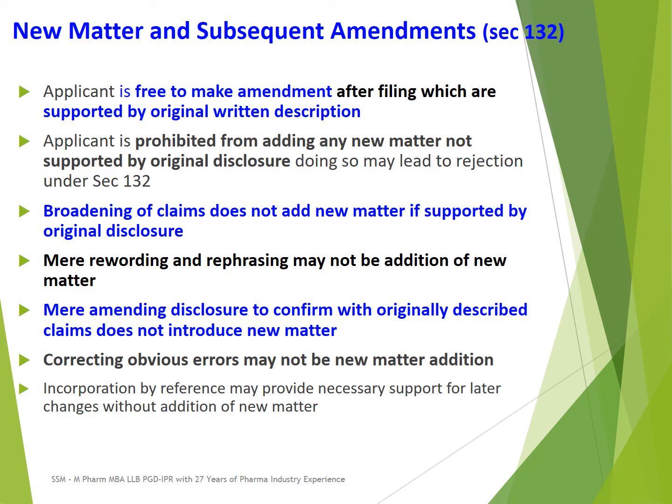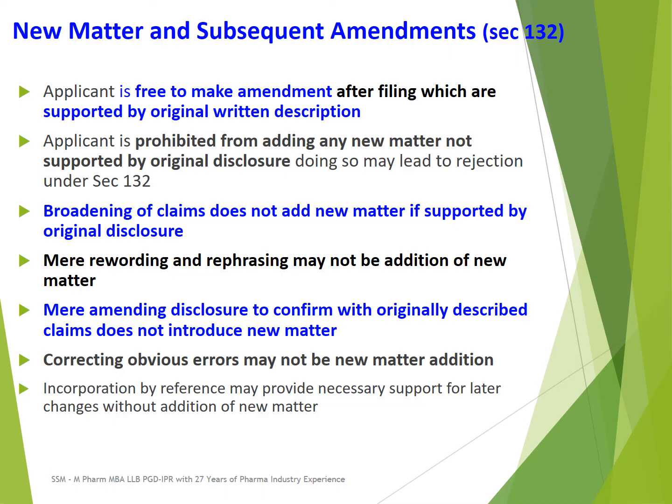New matter and subsequent amendments under section 132. The applicant is free to make amendments after filing of the application which are supported by the original written description. Suppose in your application you have filed an original disclosure which is very broad. Based on that disclosure in the description section, you can amend your application.